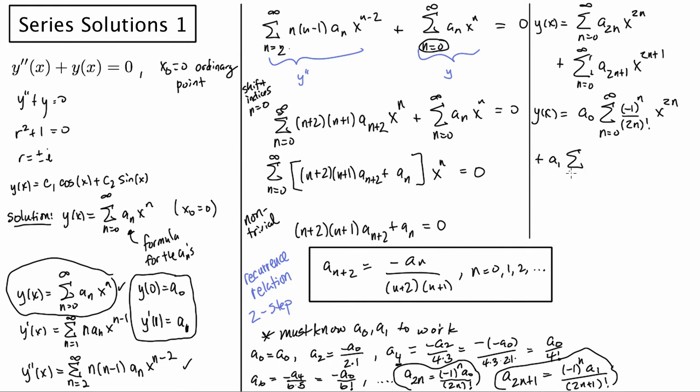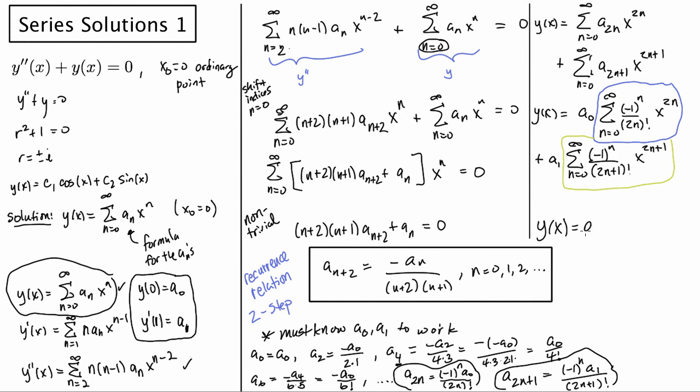And the odd coefficients would be minus 1 to the n over 2n plus 1 factorial x to the 2n plus 1. Now, this entire problem boils down to this last step: do I recognize these two power series that I've ended up with? You hope the answer is yes, and in this case the answer is yes.